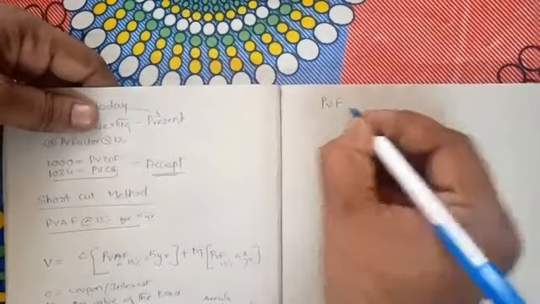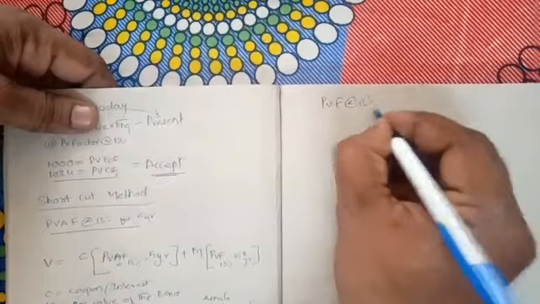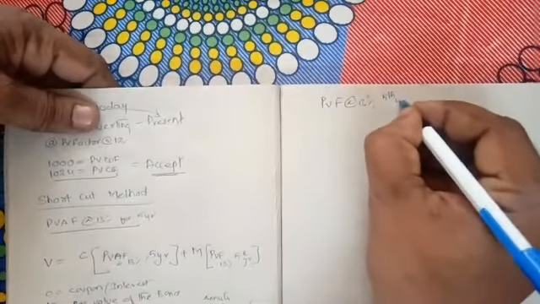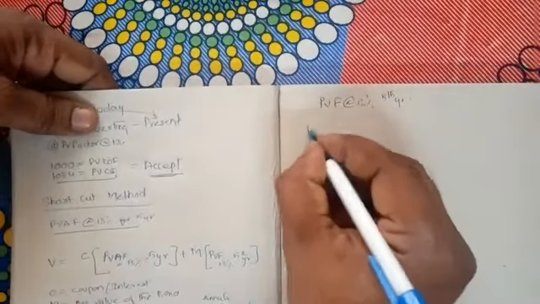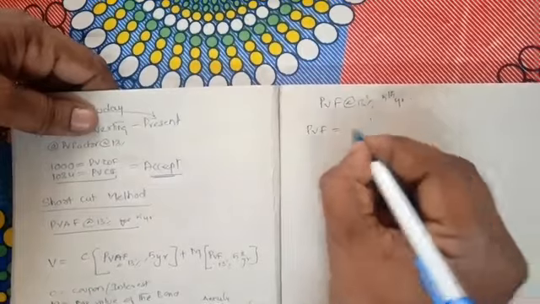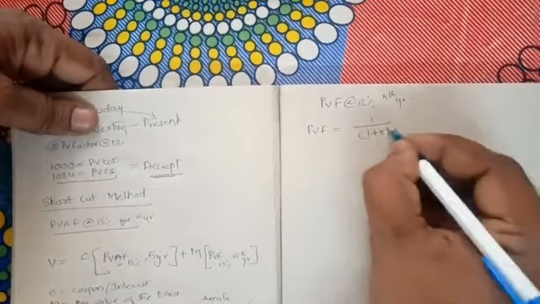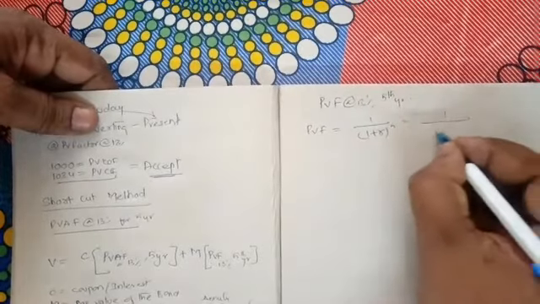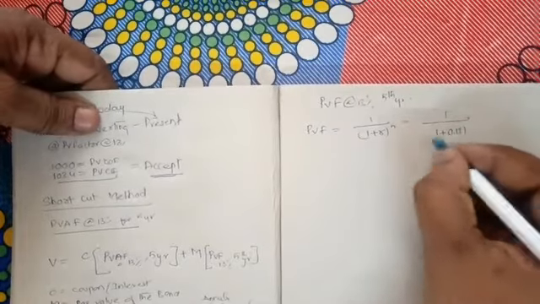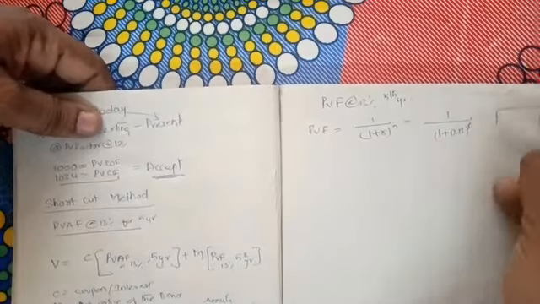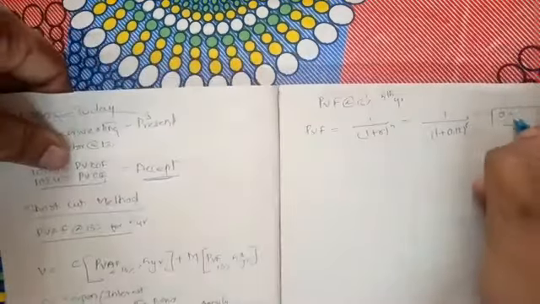The next is PVF at the rate of 13% for only the 5th year. So PVF for the fifth year is 1 divided by (1 plus r) to the power of n, that is 1 divided by (1 plus 0.13) to the power of 5. The figure we get is 0.542.